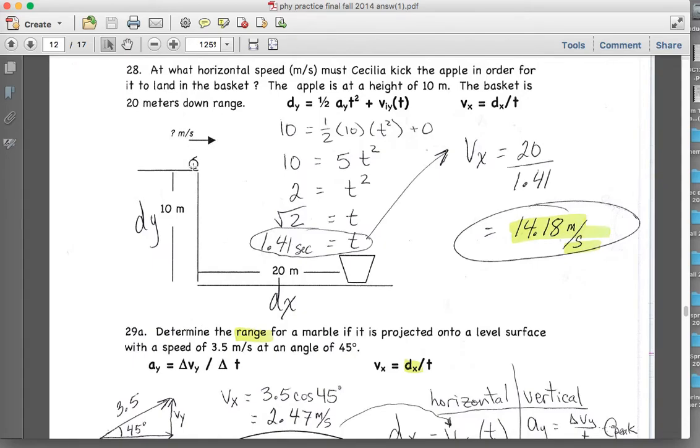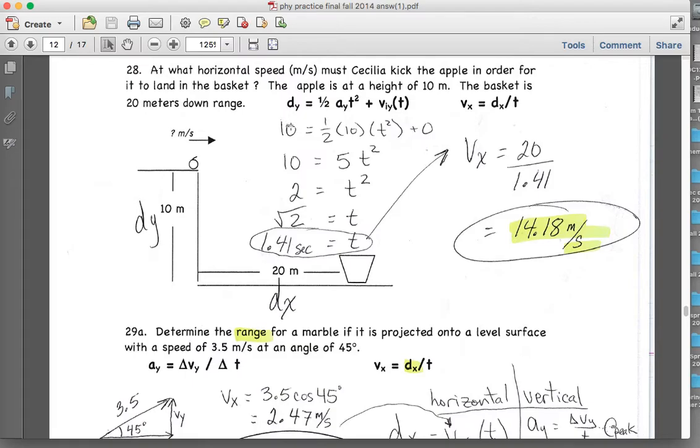It just wants to know how fast it has to be pushed off of here in order to land in here. Now, since there's no up or down component to this initial velocity vector, the time it takes to fall 10 meters is the same as if it was moving horizontally and then fell 10 meters. The time is the same.